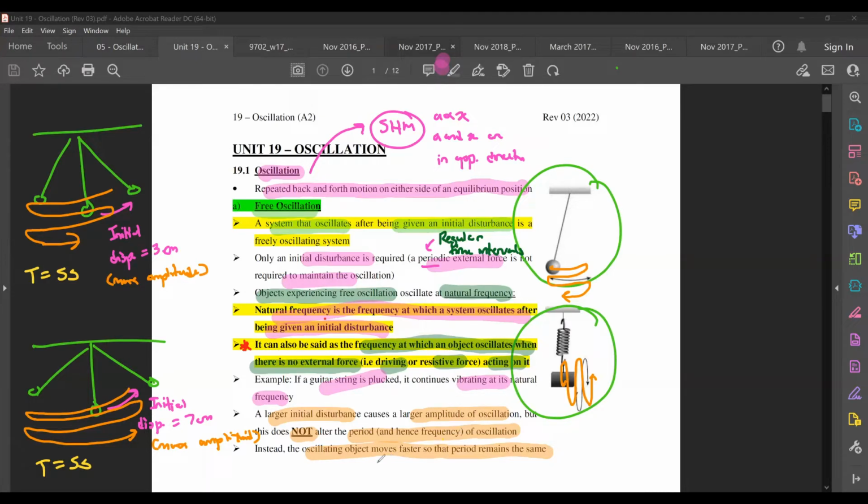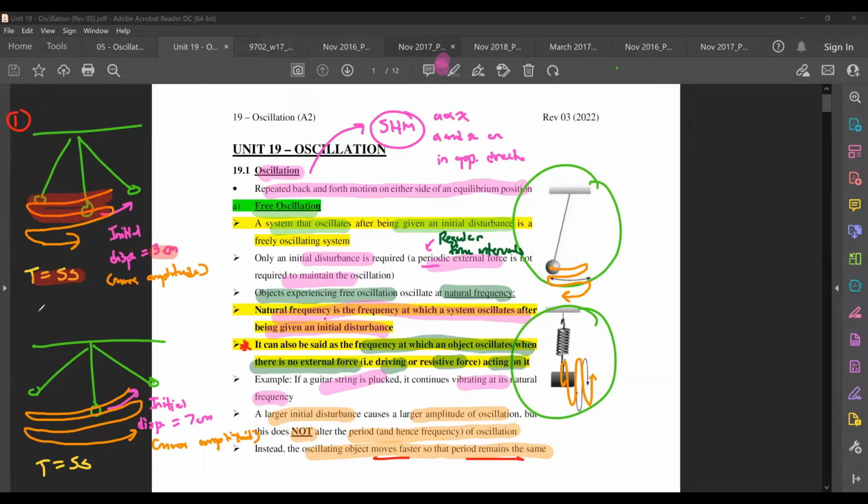So what has actually changed is that your object is now moving faster so that your period remains the same. If you consider the first system here, it took you 5 seconds to make one complete oscillation with an amplitude of 3 centimeter.